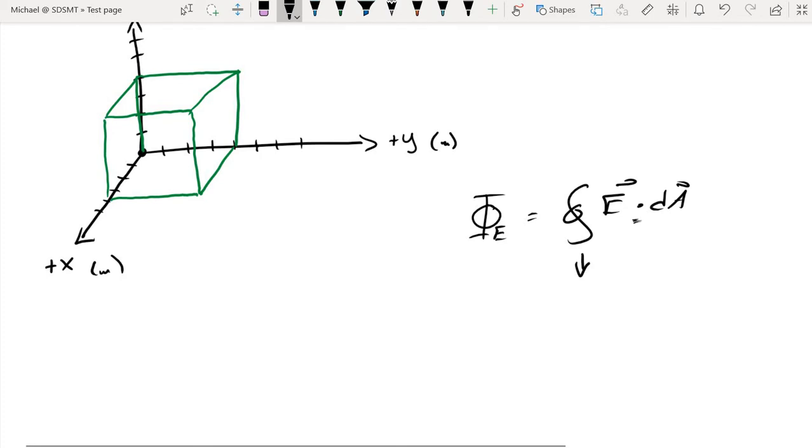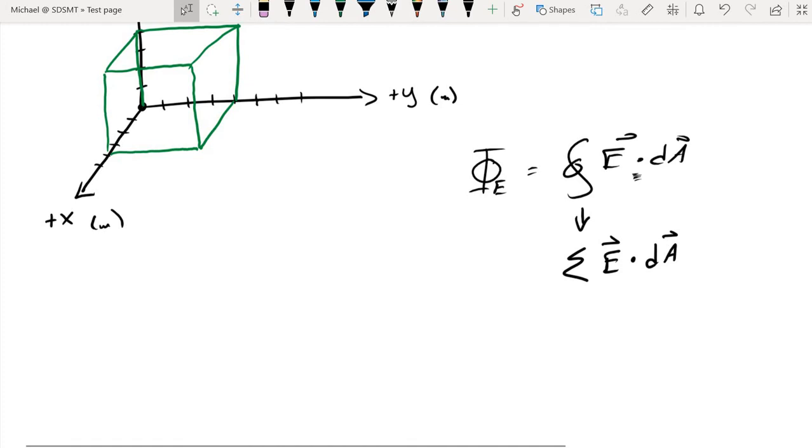And the dot product is a means of taking those two vectors and combining them into something that produces a scalar quantity. And scalar quantities can be added up no problem. We don't have to worry about directional components of the vectors. So let's see if we can take this and turn it into a summation instead. There's really no reason we can't do that.